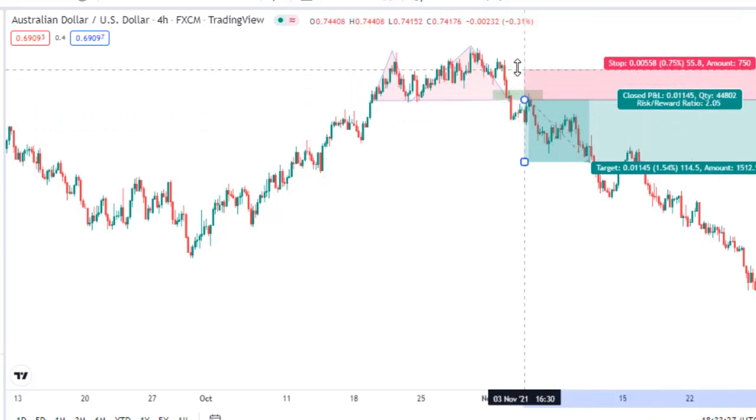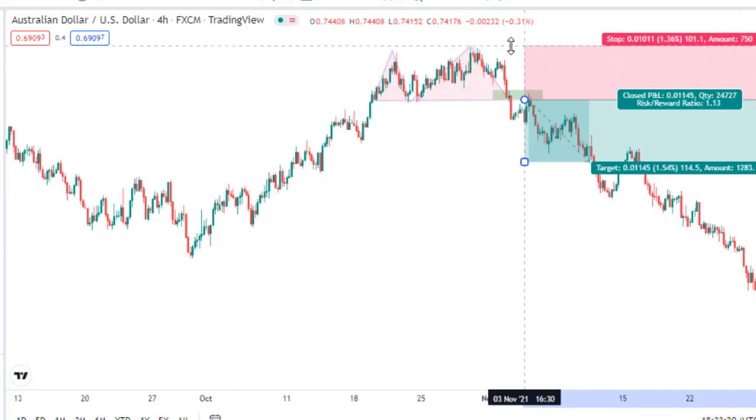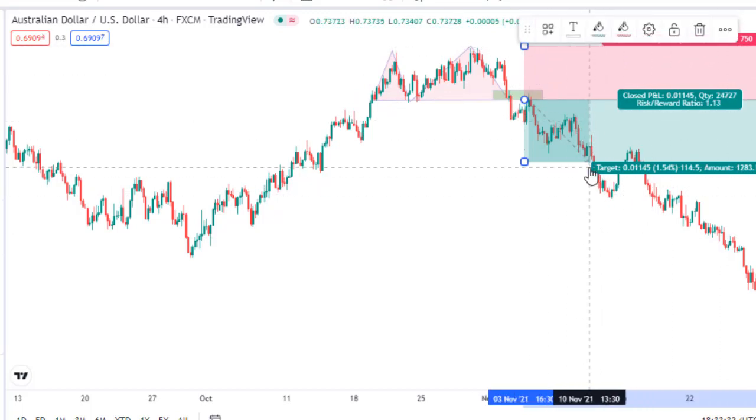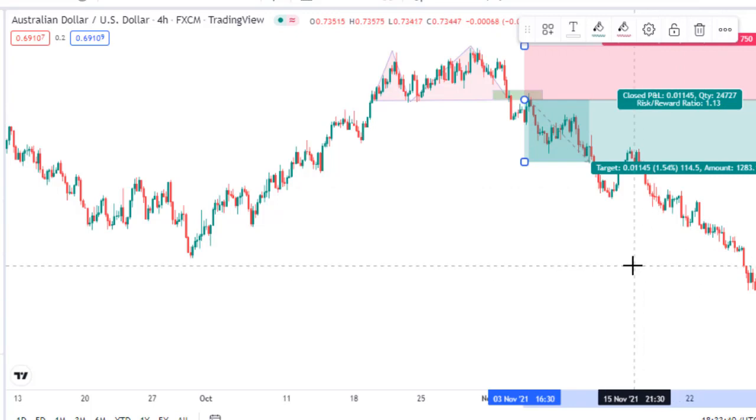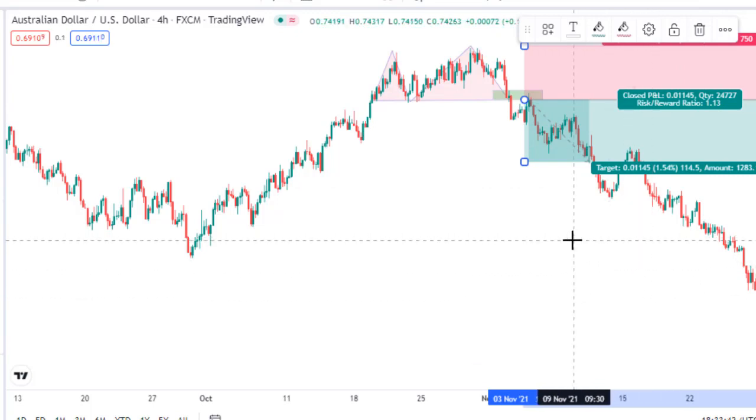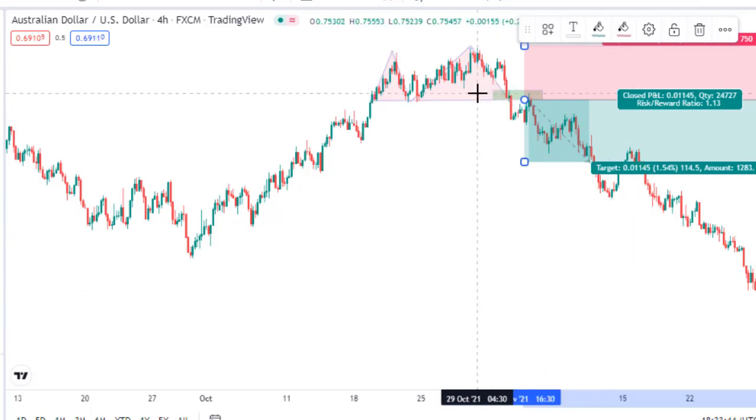But if you put your stop loss behind the pattern, you can get a good win rate, but less risk to reward.